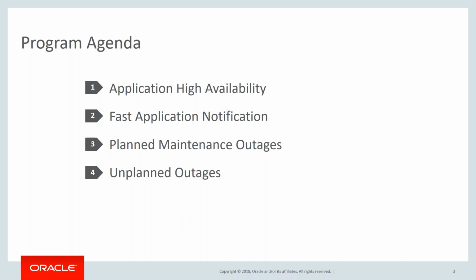So this is our agenda today. We're going to first talk about application HA concepts in general, and what we're trying to achieve, and what the HA functionality in Oracle database and .NET is trying to accomplish. Then we'll talk about the actual technology itself, starting with Fast Application Notification. We call that FAN for short.